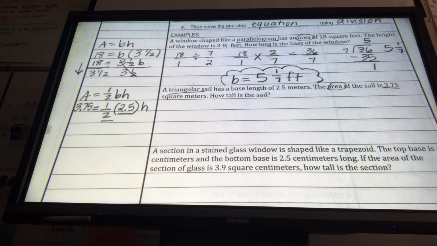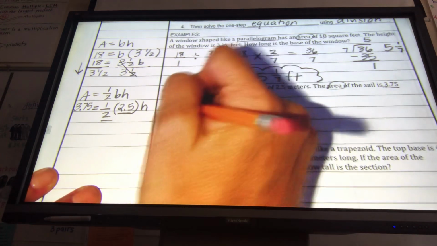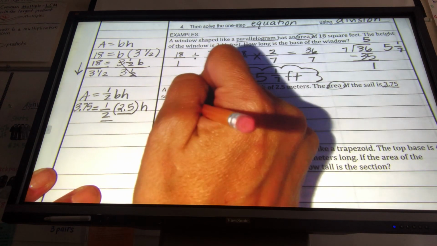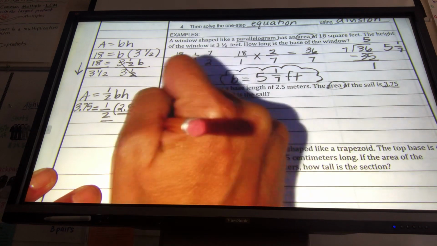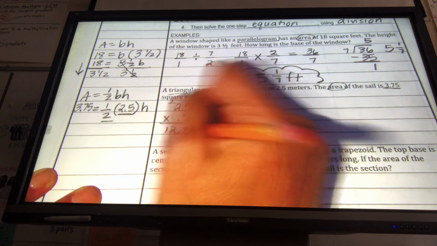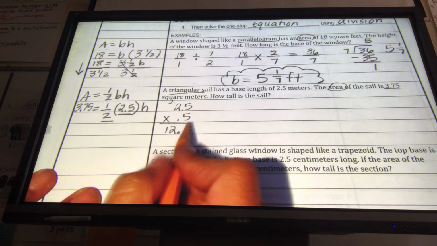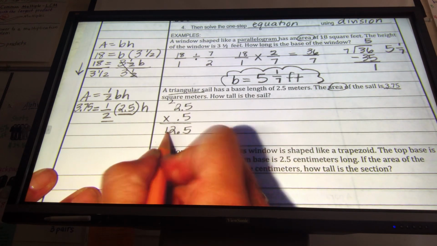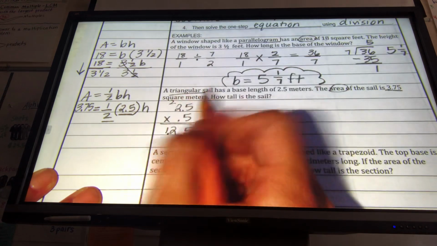You divide by 2, multiply by 0.5. Those are your two options. So 2.5 times 0.5, 2 decimal places, there's 1, 2.